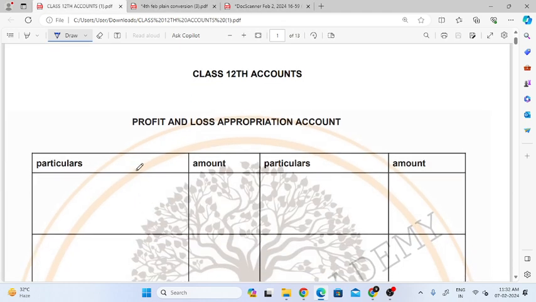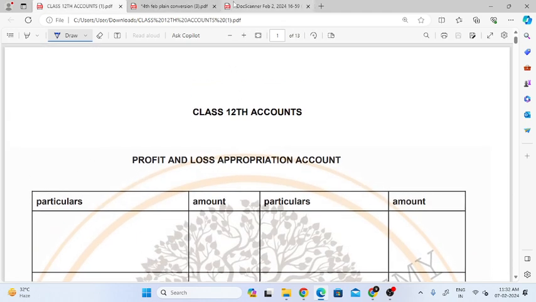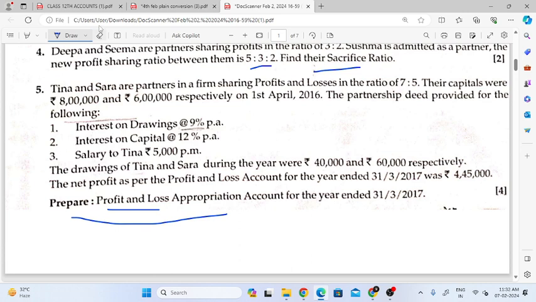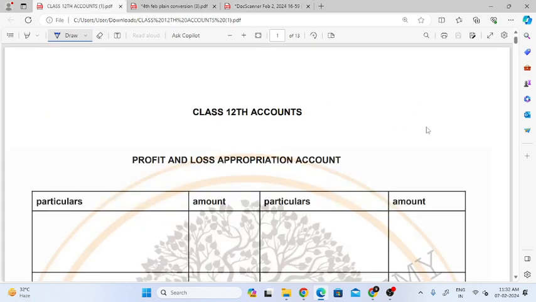Here I have already prepared the profit and loss appropriation account. We have to write down for the year ended 31st March 2017.